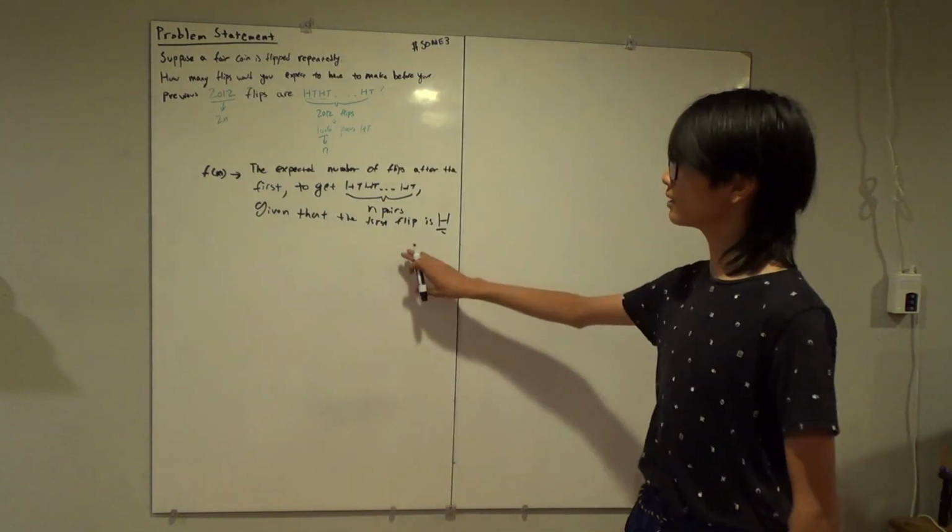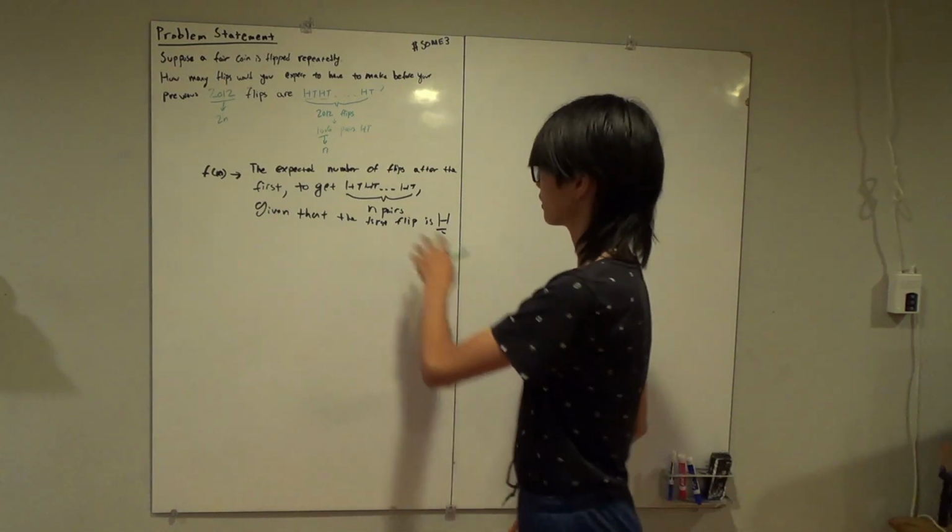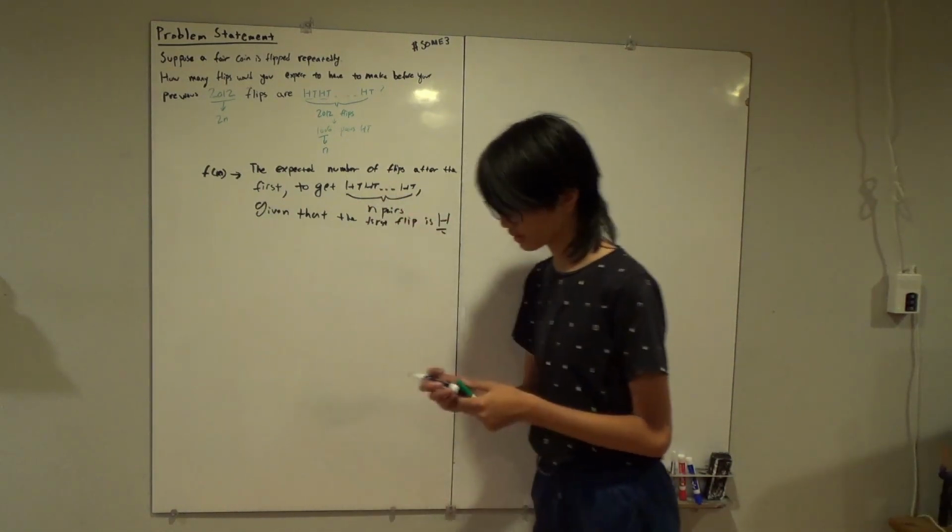Now, the reason why I'm defining this in such a complex way instead of just writing it as the expected number of flips to get this sequence will be apparent in just a bit.